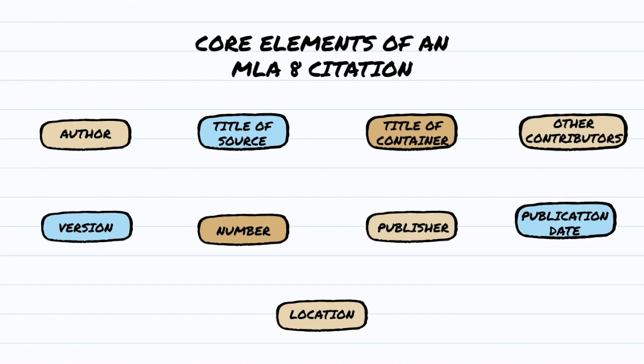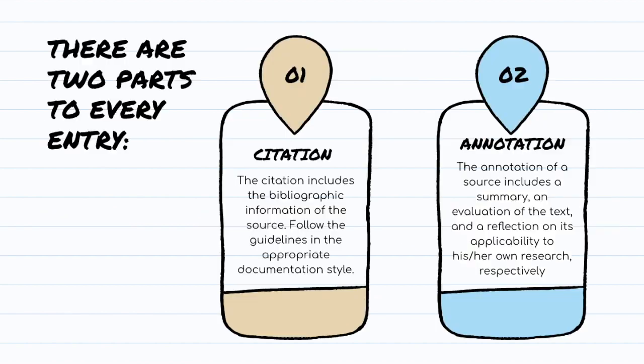Other authors or contributors, sometimes editors, the version you're accessing, the number, which could be the volume, especially when it comes to books and encyclopedias, who the publisher is, the date of publication, as well as where it's located, either where the publisher is located or even in the case of digital resources, the URL, or just the fact that the information was received online.